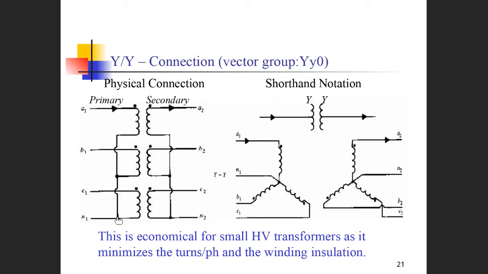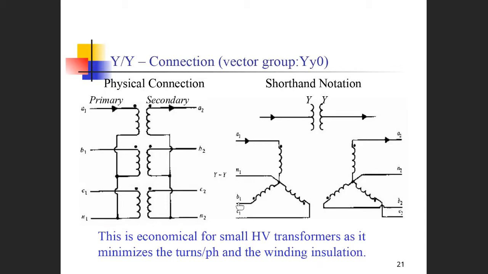So imagine this is a typical star connection as we show here. The starting point A1 and the ending point A0 belong to coil 1.